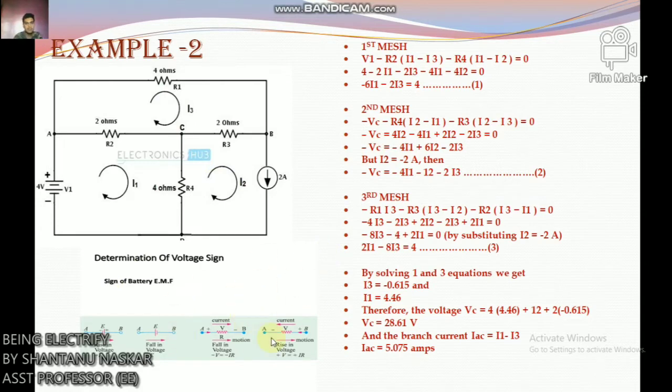Consider the below circuit where we determine the voltage across the current source and a branch current ISC. Okay, assign the direction as shown below. So just apply KVL. By applying KVL to the first mesh, we get V1 minus R2 within bracket I1 minus I3.